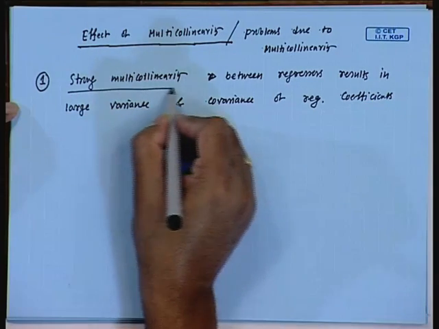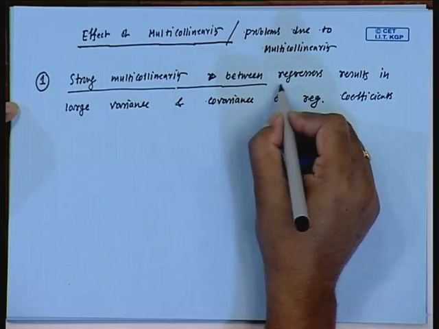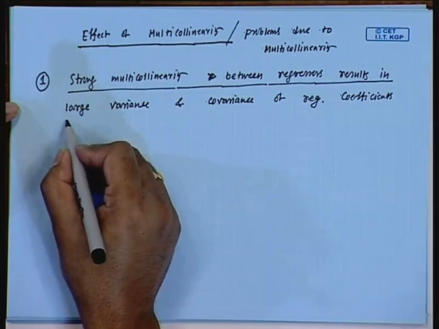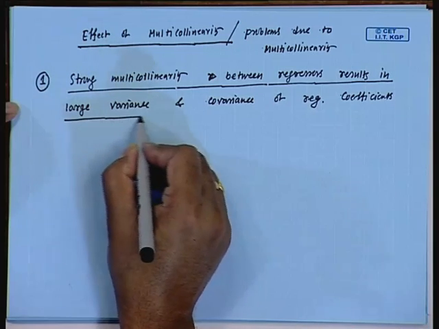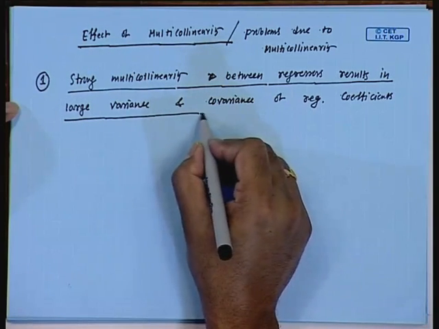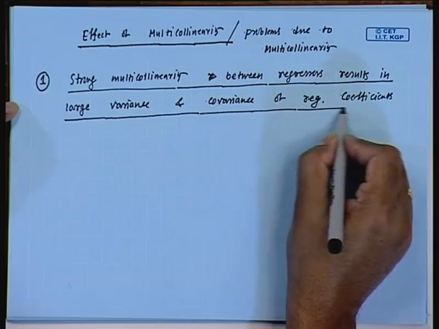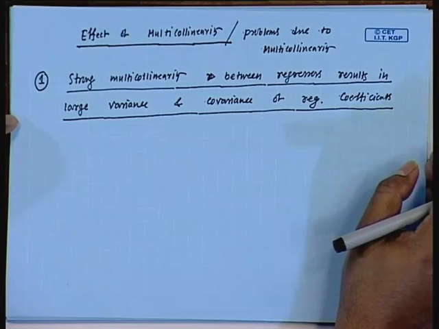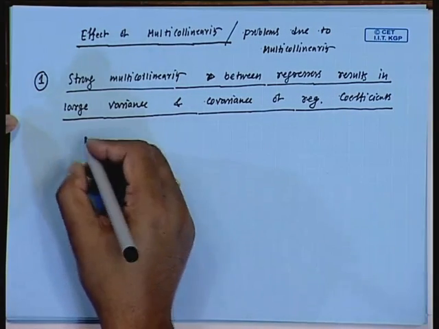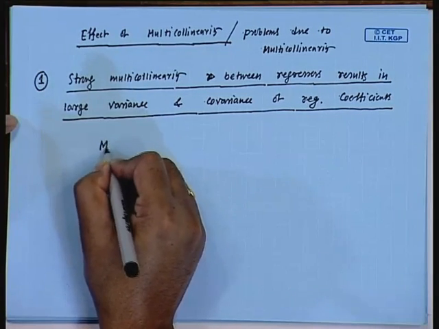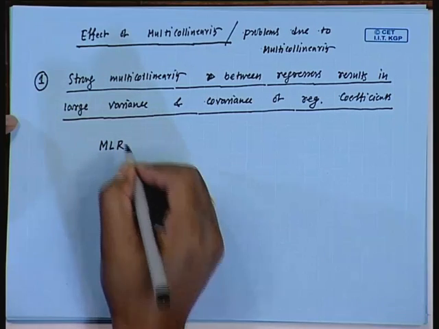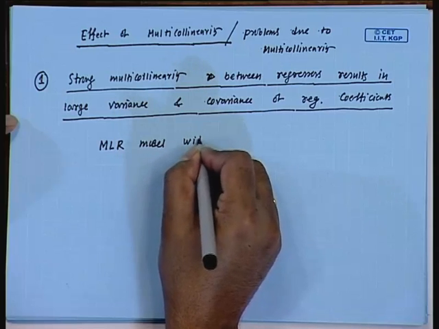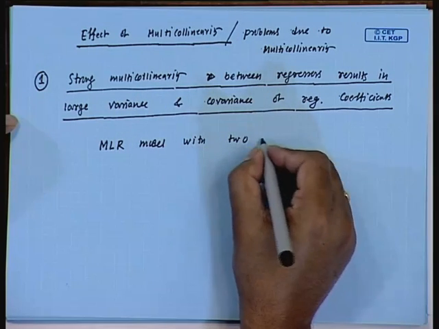Okay, so now I am going to illustrate what I mean by this. This says that if there exists a strong multicollinearity in the data, then that results in large variance and covariance of regression coefficients. Okay, so let me consider multiple linear regression model with two regressors.